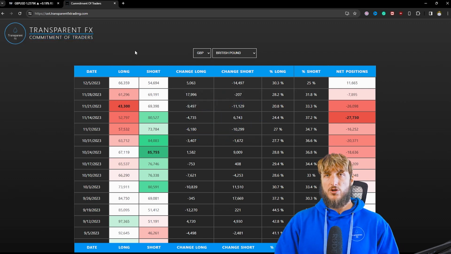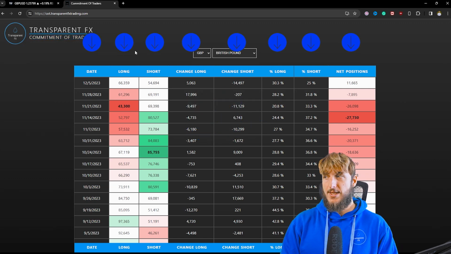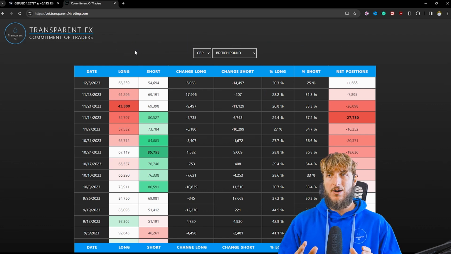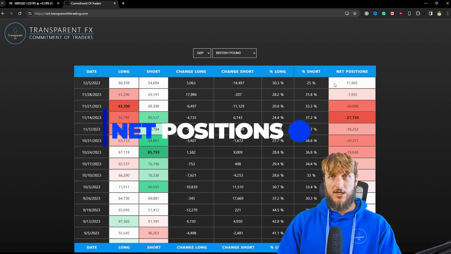the commitment of traders, so the COT data, which is what the non-commercials, so the biggest speculators in the market, are doing. Now, if we check the data for the GBP, we can see how with the last reports, net positions have been massively increased.